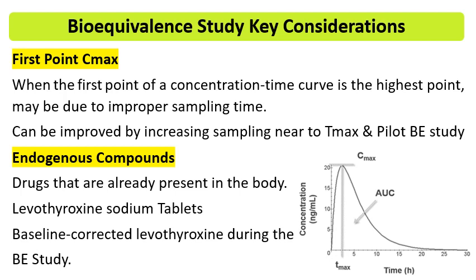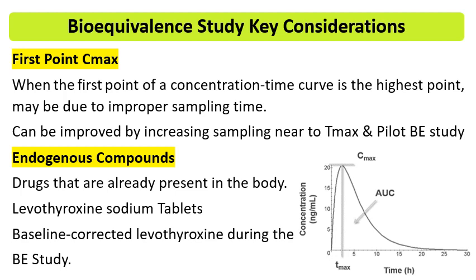This happens for the drug formulations which are very rapidly absorbed. So when the first point of the concentration-time curve is the highest point, maybe due to some improper sampling time, this can be improved by increasing the sampling time or sampling frequency near Tmax. So whatever the Tmax is, nearer to that more sampling can be done, and a pilot BE study can be performed to understand the Tmax time.